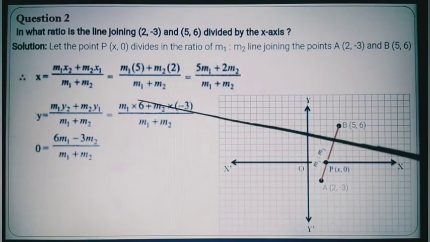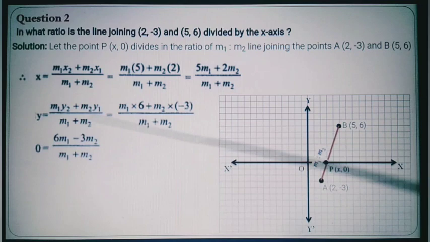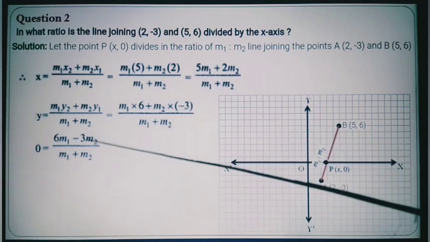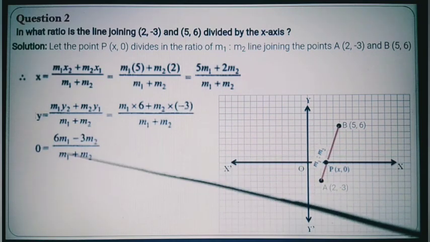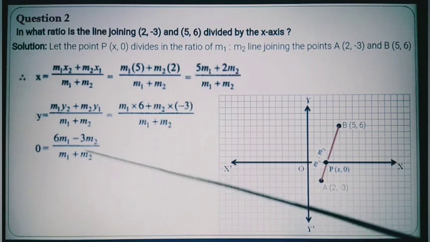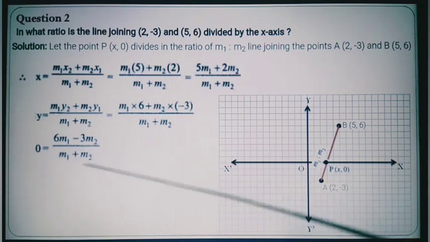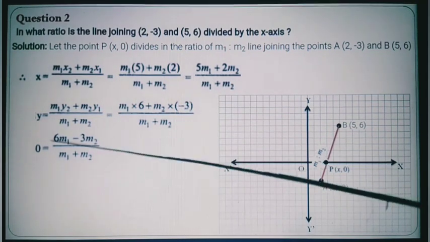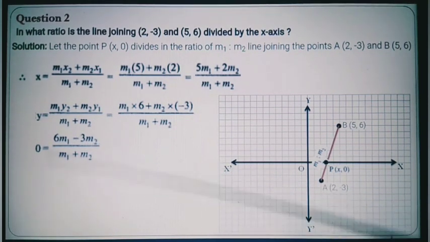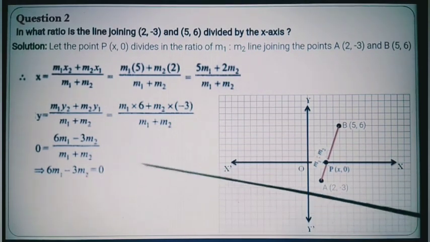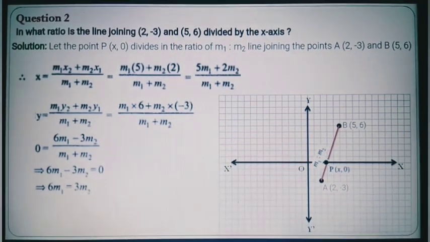Okay, so let us simplify this. So 6 into M1 is 6M1, plus minus 3 into M2 is minus 3M2, divided by M1 plus M2. If I do the cross multiplication, then this and 0 get multiplied to give 0. So basically 6M1 minus 3M2 will be equal to 0, right? So take this 3M2 over there, so you'll get this much, right?